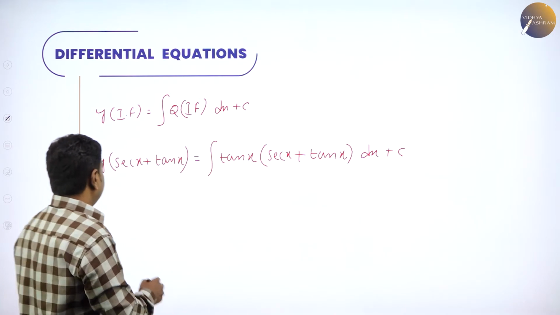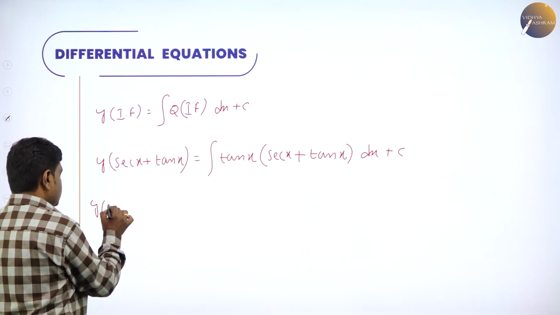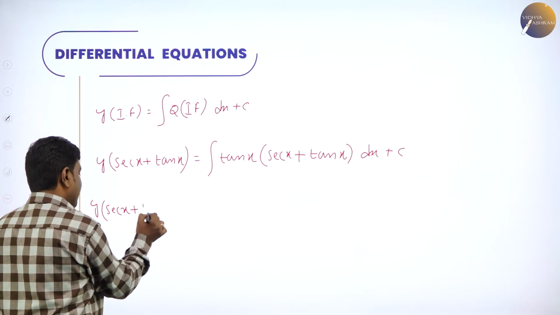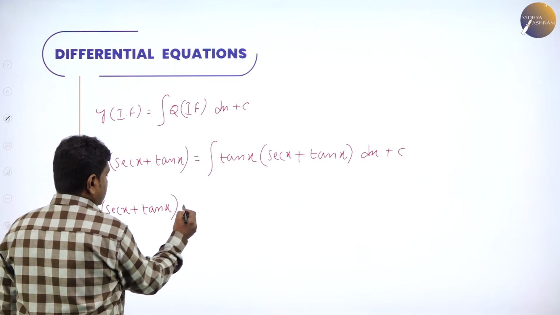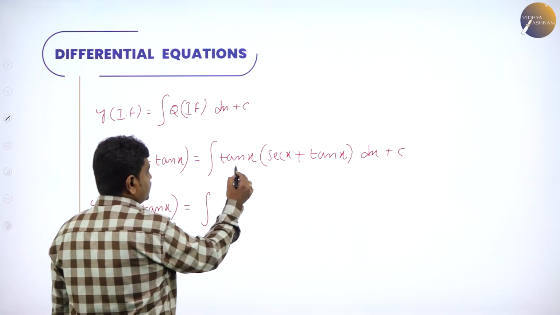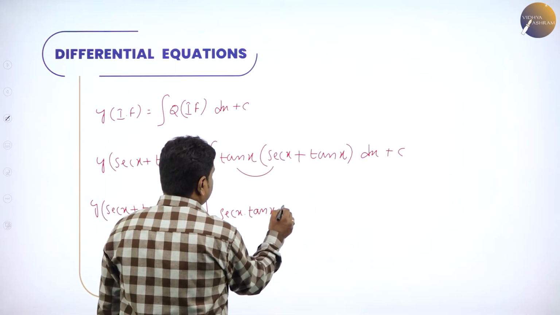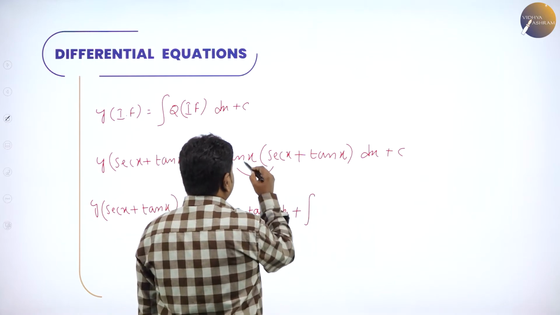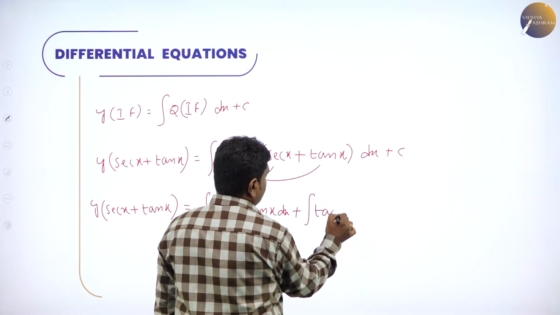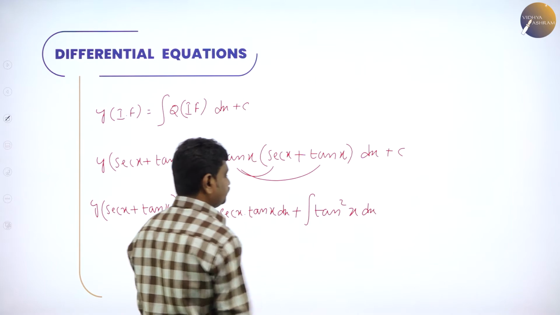Now simplify this. So first time you multiply, it becomes tan x into secant x or secant x into tan x dx, plus the second term tan x into tan x becomes tan square x dx.